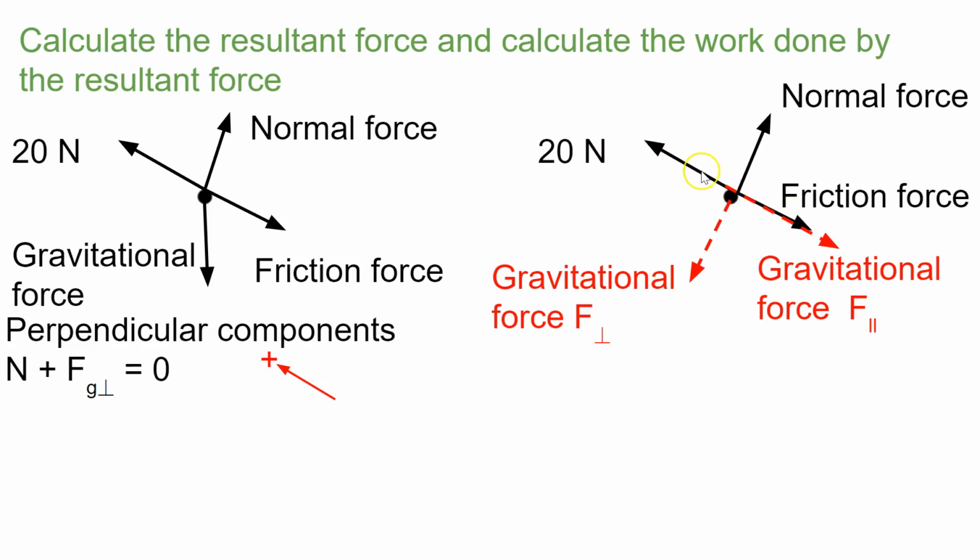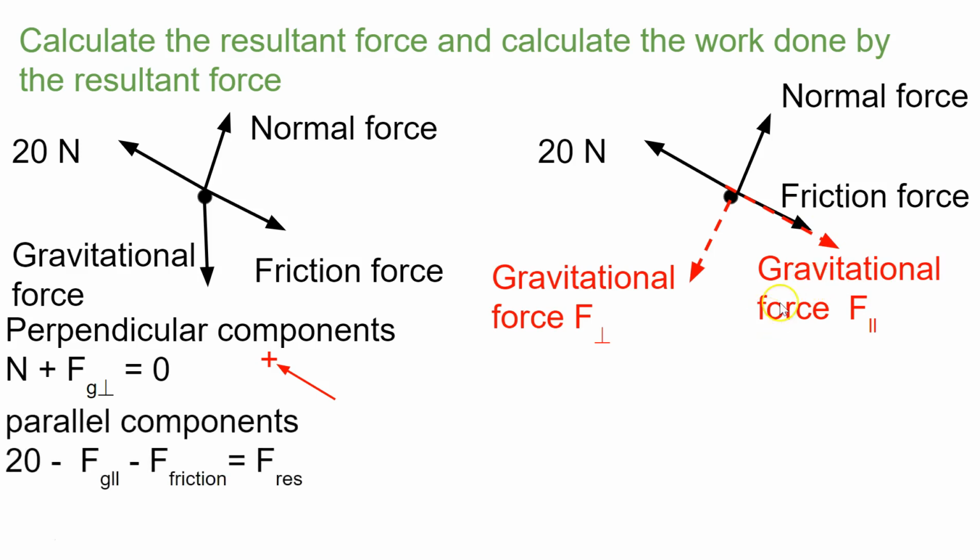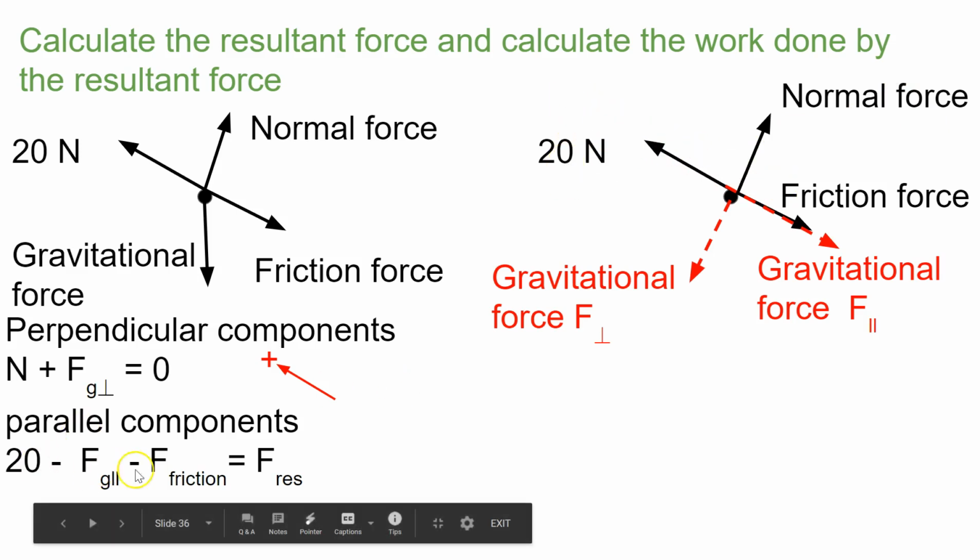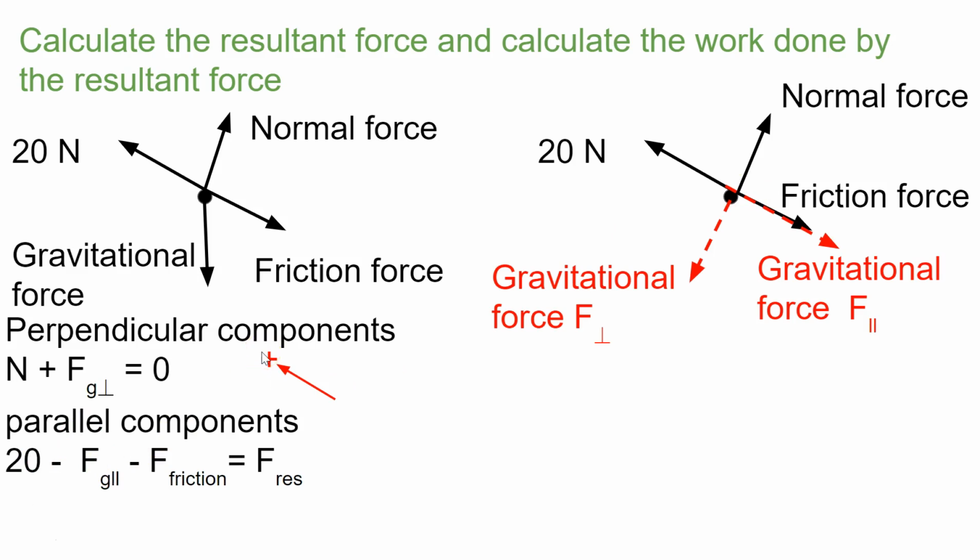How many are there? 1, which is the 20 newton. 2, which is the friction force, and 3, which is the parallel component of the gravitational force. The 20 newton is acting in the direction which I chose as positive, so that will be a positive number, whereas the other 2 are both negative forces. So let's plug in some values.